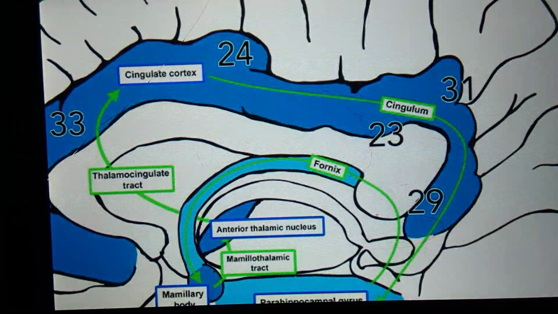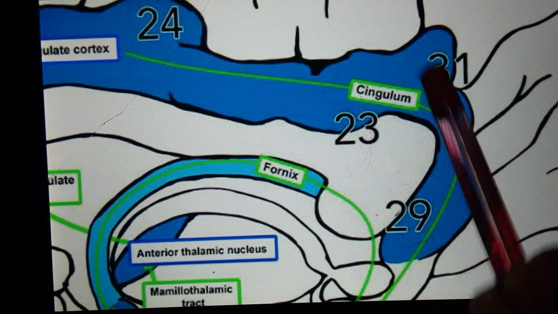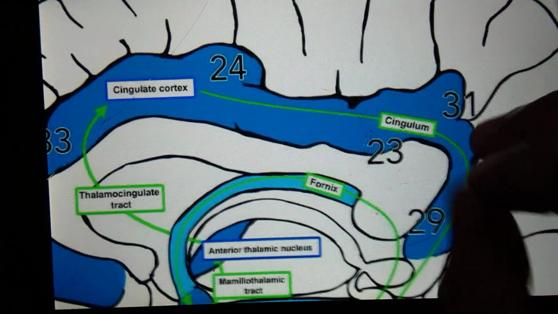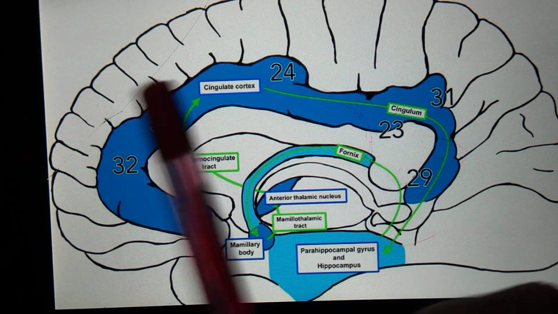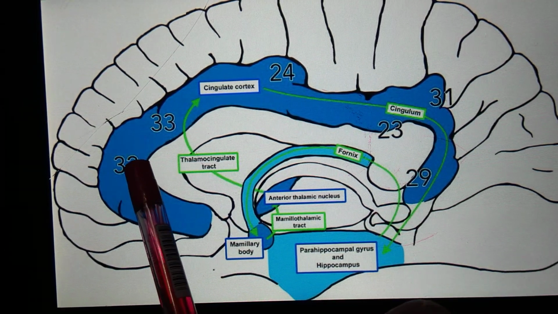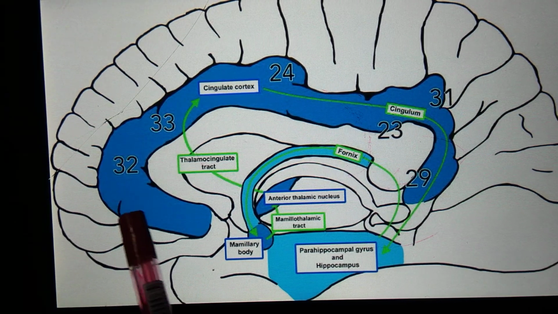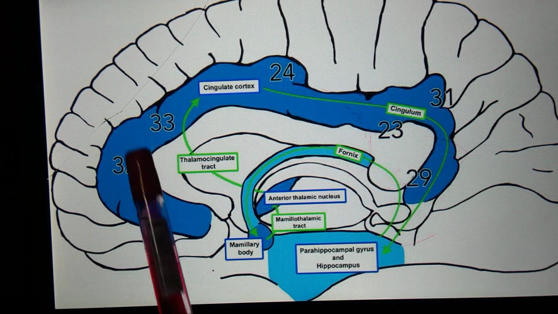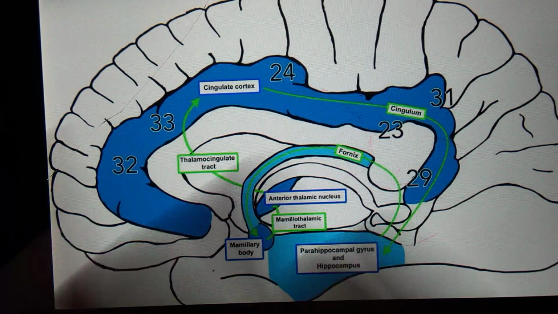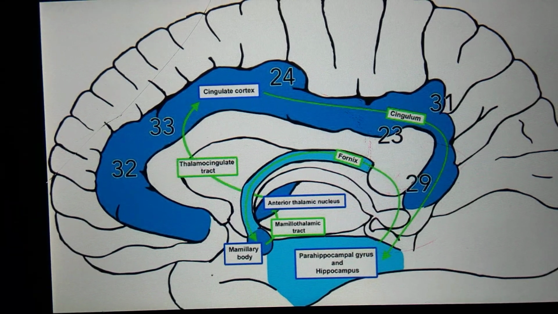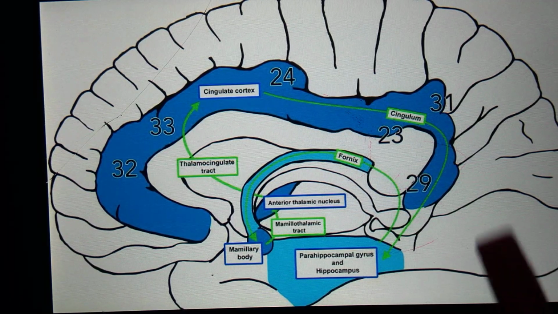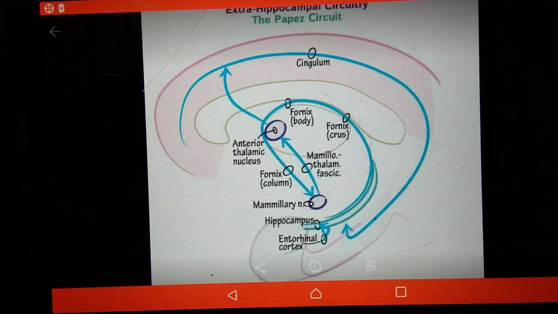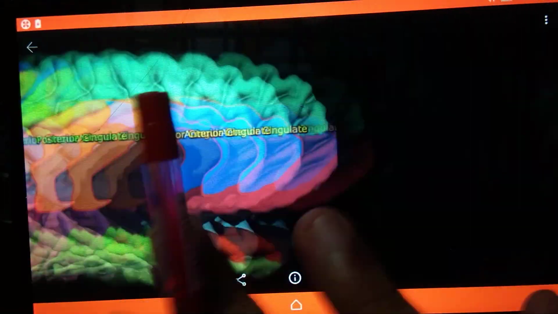Okay, fine. Then what is cingulum? Do you know what cingulum is? Cingulum is nothing but the white fibers which are located below the cingulate gyrus. That means if the cingulate gyrus is removed, then below it we can see the cingulum, the white fibrous connection. This is called cingulum. So look at this diagram.